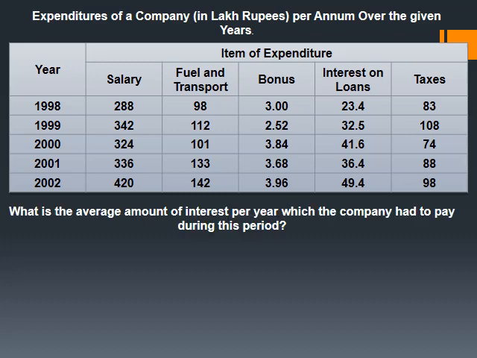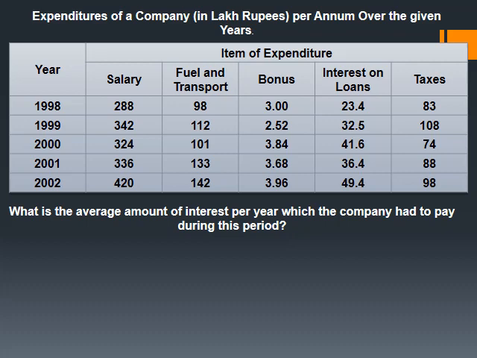So we see the question, what is the average amount of interest per year which the company had to pay during this period? So the question is average amount of interest per year. So we have a column heading interest on loans. So focus on that. So the average amount of interest per year which the company had to pay during this period means from 1998 to 2002. That is the period that is given in the data.